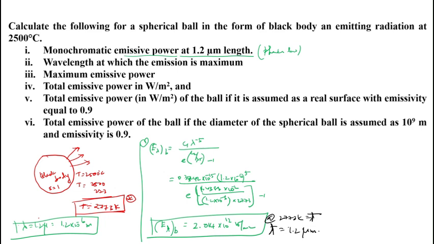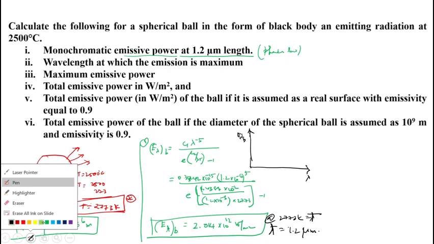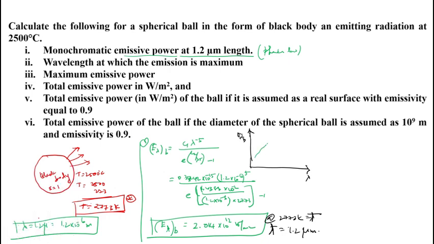For this condition, we can draw a curve, E lambda b versus lambda. We have the temperature line, this is the temperature line for 2773 Kelvin.